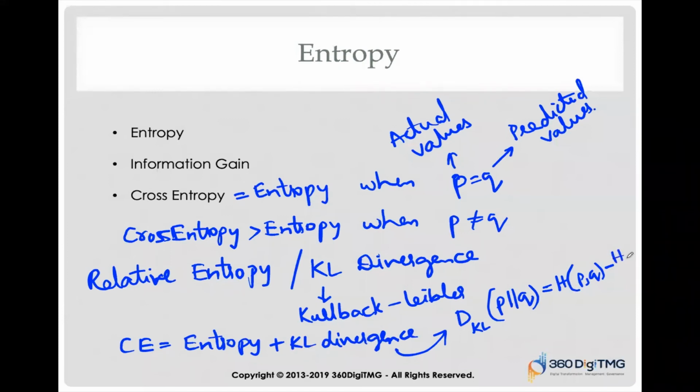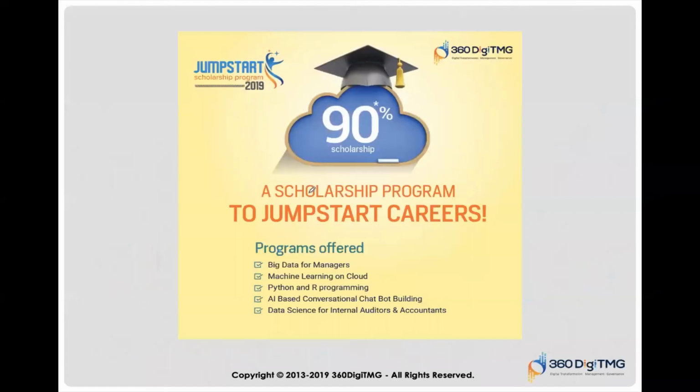This is the ultimate formula for cross entropy or KL divergence. This is how cross entropy, entropy, KL divergence, information gain, everything is interlinked. All right, I'll take your questions in a bit.